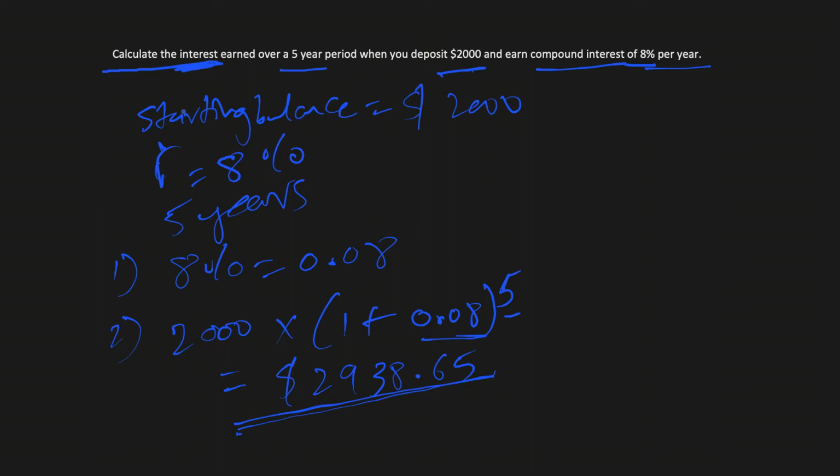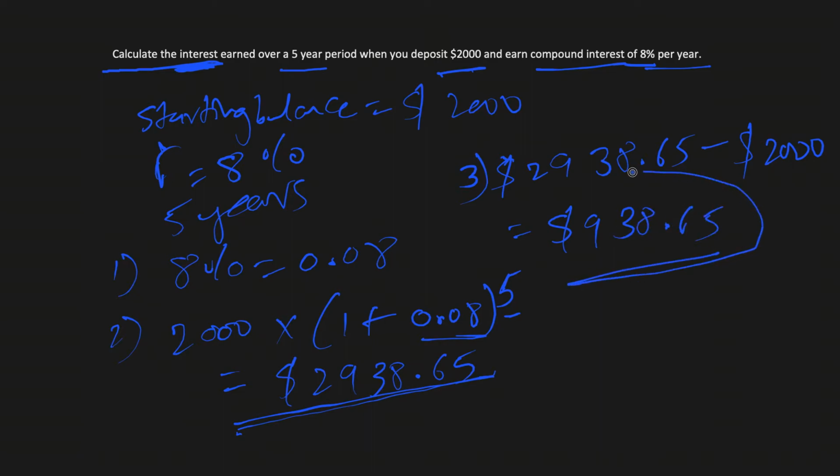Now remember, the question is to calculate the interest, not the final balance. So the interest would be nothing but our final balance, which is 2,938.65, minus the starting balance, which is 2,000. So we get 938.65. This is the interest earned over a 5-year period with a deposit of $2,000 and compound interest of 8% per year.